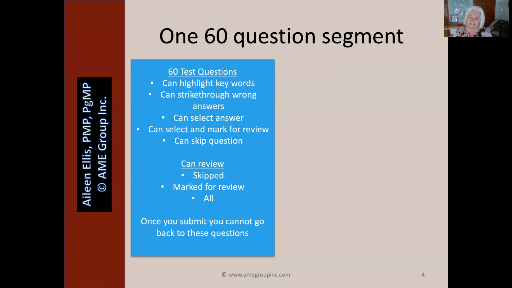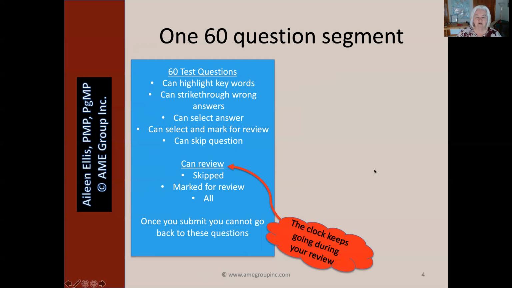When you get through the 60 questions of a segment, you can go back and review those 60 questions only. You can review just the ones you've skipped. You can review the ones you've marked for review. You can review all the questions, or you don't have to review any of the questions.